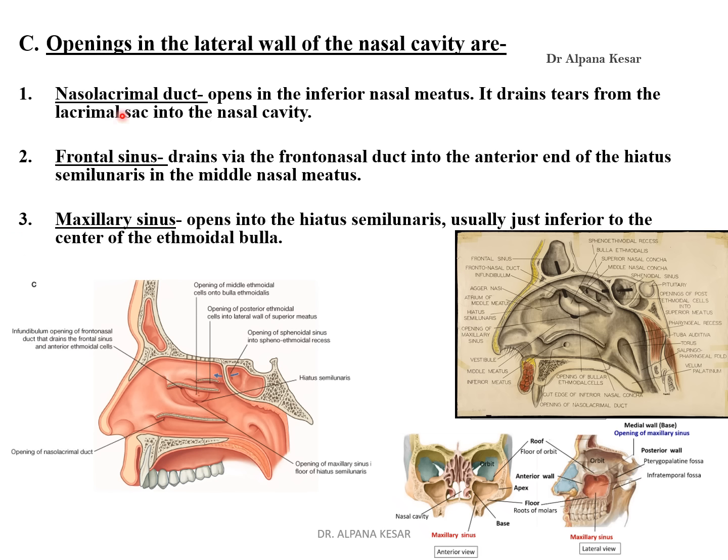The openings present in the lateral wall of the nose include the opening of the nasolacrimal duct. This is the opening of the nasolacrimal duct. Nasolacrimal duct opens in the inferior nasal meatus. It drains tears from the lacrimal sac into the nasal cavity.